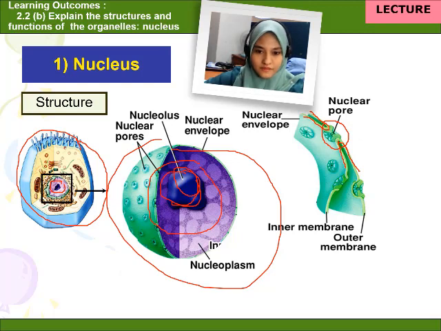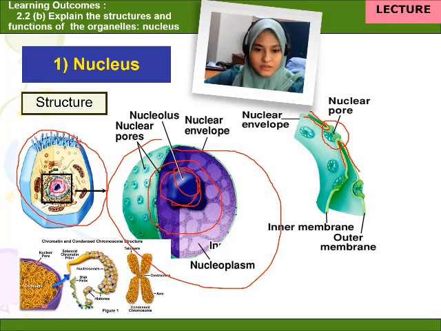While chromatin is a long thin strand of DNA and histone protein. So here is the nucleus, and here are the long thin strands of DNA and histone protein. The nucleus basically functions to control cell activities and cell division, store genetic material, act as the site of RNA synthesis, and also for the assembly of ribosome subunits.